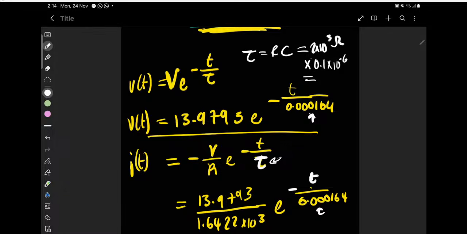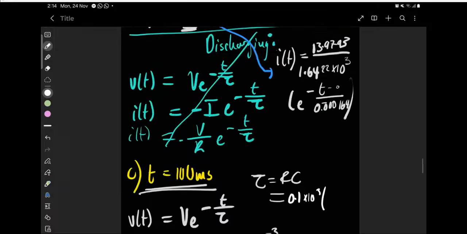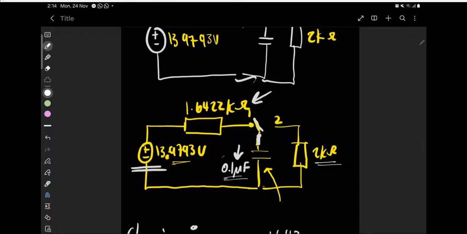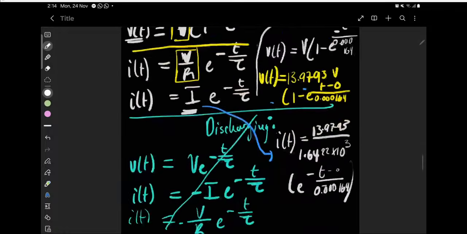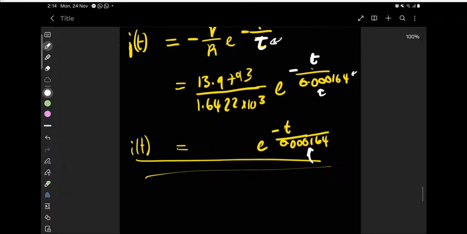In here we know that the R which we are dealing with now is an addition. It's now going to be the R here, 2 kilo ohms. So there we go. We have it, and if you say 13.9793 over 2 times 10 to the negative, then we can have the solution, okay?